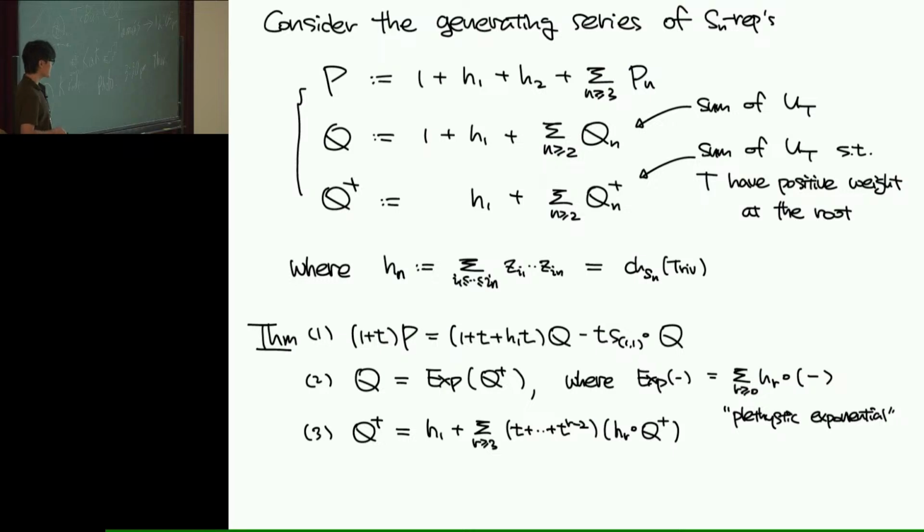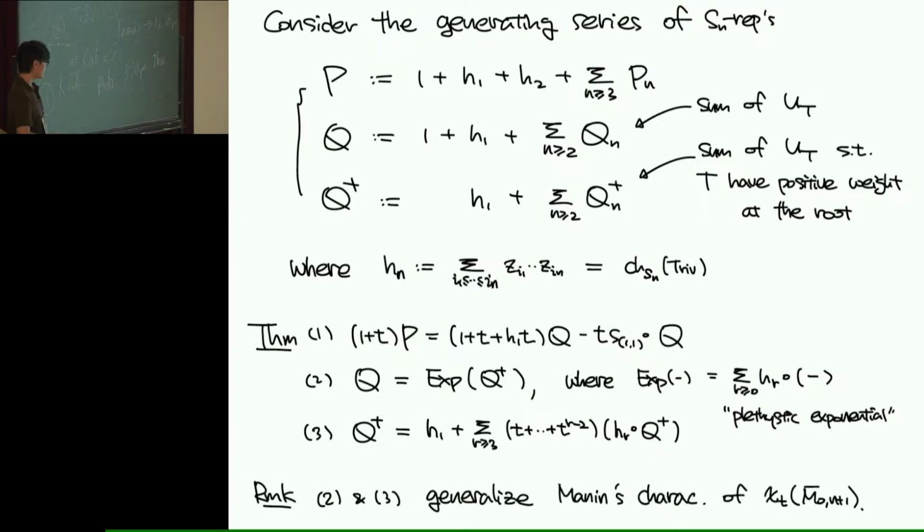So firstly, this is the generating series version of the relation we wrote before. For this, if you compute Q, then you can compute P. And Q is the exponential of Q plus. So if you can compute Q plus, then you can compute Q. And Q plus has its own recursive formula, so you can compute Q plus.